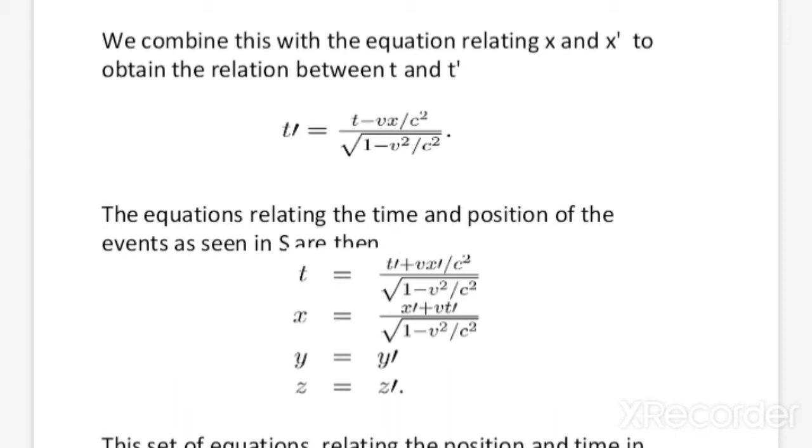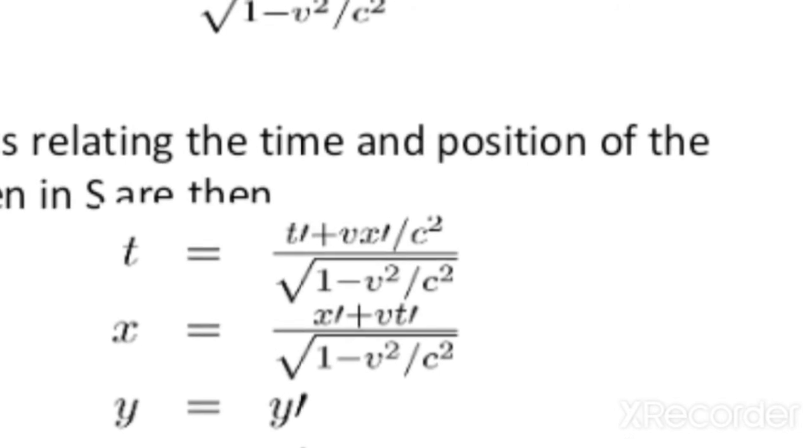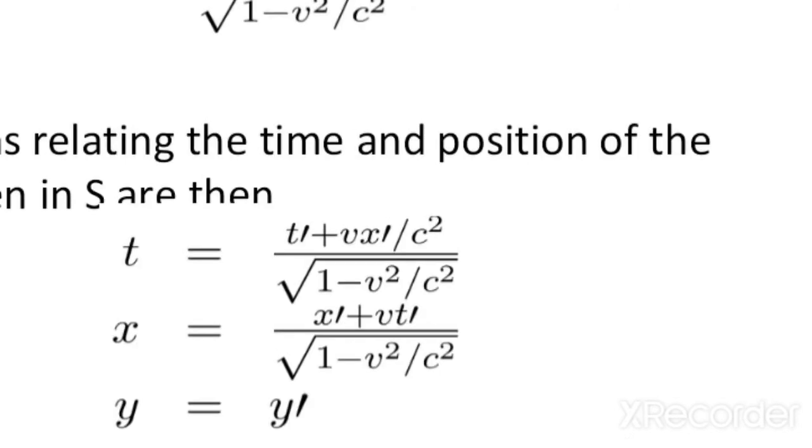So we can summarize the Lorentz transformation equations as x is equal to x dash plus vt dash upon under root 1 minus v square upon c square, y is equal to y dash, z is equal to z dash, and t is equal to t dash plus vx dash upon c square, upon under root 1 minus v square upon c square.